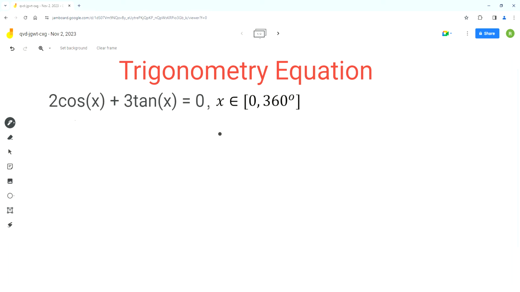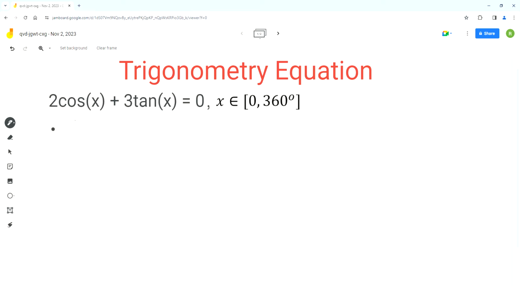Now, just like in any other equation, we have to solve for the variable, and the variable in this equation is x. Now, the first step here is to simplify this equation. Cosine is a primary ratio, so we cannot simplify it. But tan can be broken down into sine over cos.